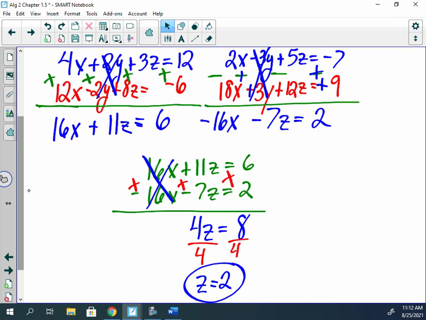Well, here I have 2 equations with 2 variables. So if I go backwards just a little bit, I can solve for one of these here, yes? Which one do we want to solve for? Doesn't matter which. I'll just have to pick one. 16x plus 11z equals 6, or negative 16x minus 7z equals 2.